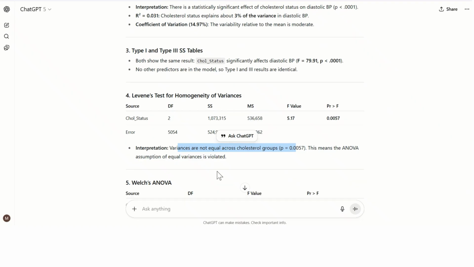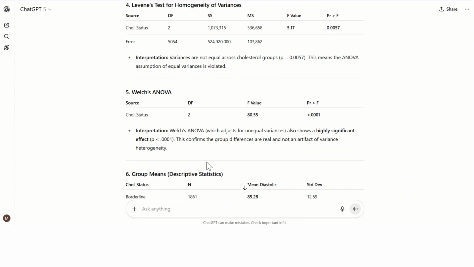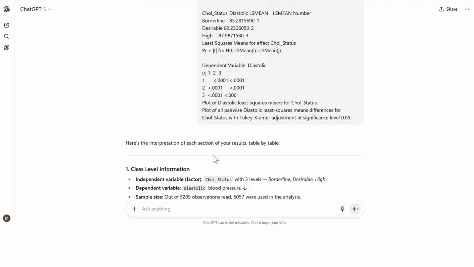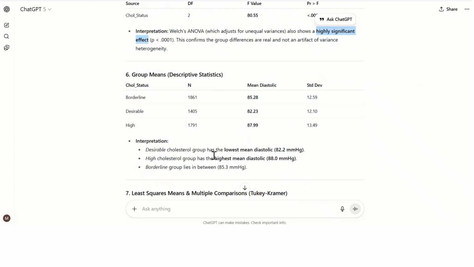So in this case, a more appropriate test will be a non-parametric test. The alternative to ANOVA here is Welch ANOVA, and luckily we also have the results from Welch ANOVA, which still confirms that there is a highly significant difference between the three groups with desirable, borderline, and high cholesterol levels. Okay, and then this table 6 is for the descriptive statistics.